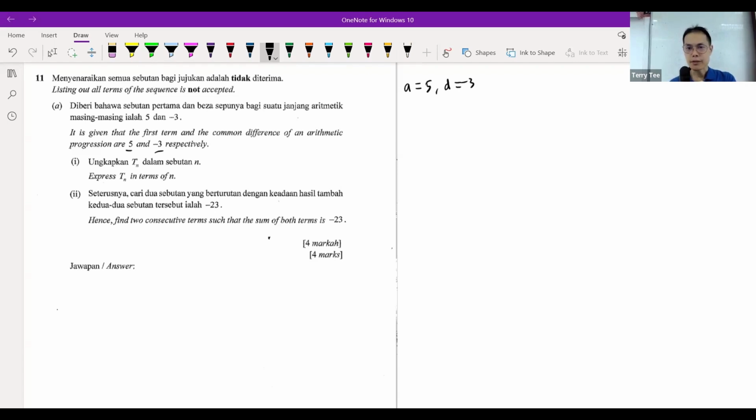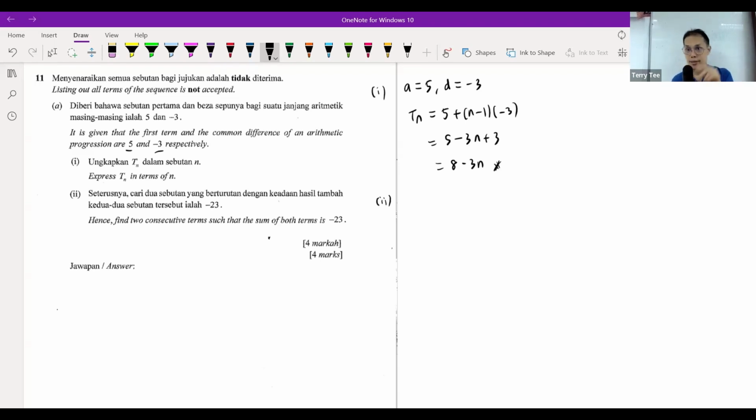So to find Tn, right, Tn's formula is given as a plus (n minus 1)d. My a is 5, n minus 1, d is -3. So this is 5 minus 3n plus 3. That gives us 8 minus 3n. Okay, so first part, no problem. We got Tn in terms of n.